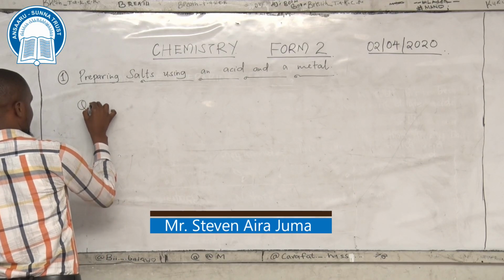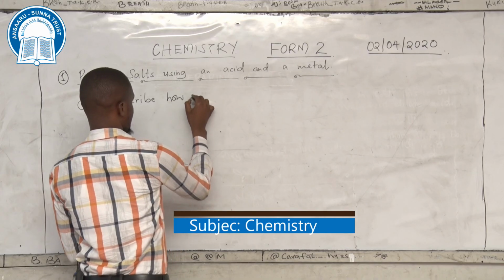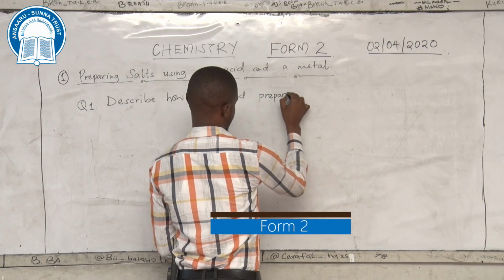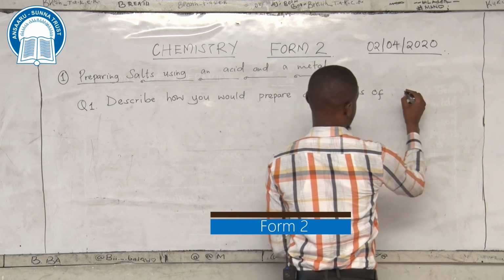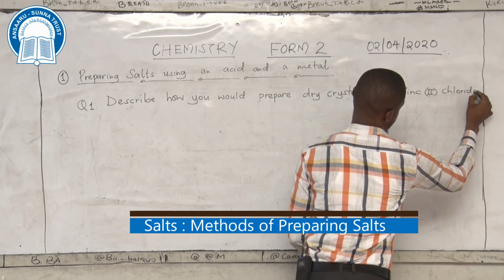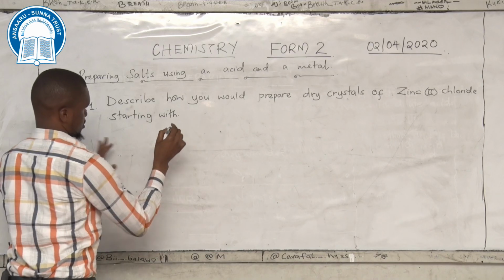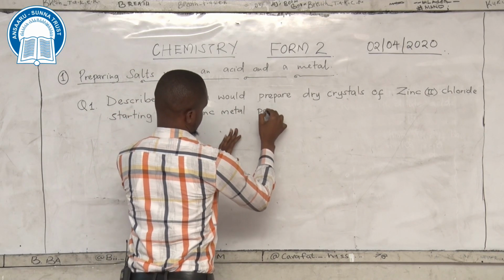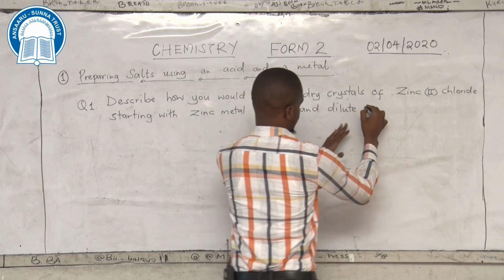Our first question, which will be a leading question in discussion, is: describe how you would prepare dry crystals of zinc(II) chloride starting with zinc metal powder and dilute hydrochloric acid.